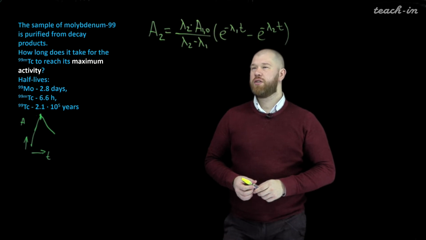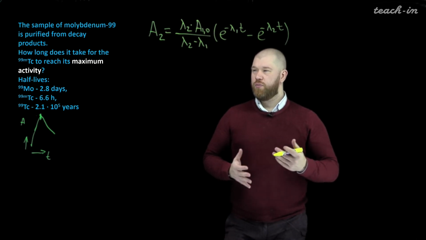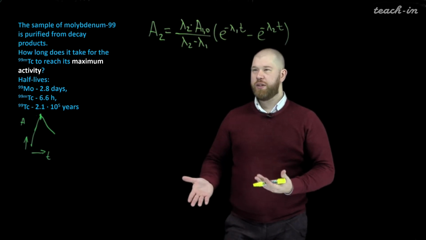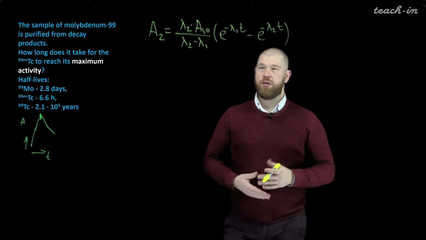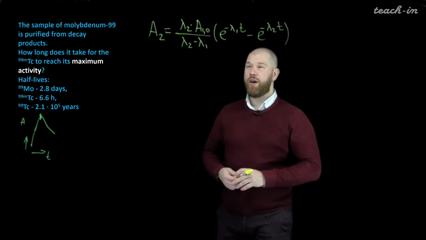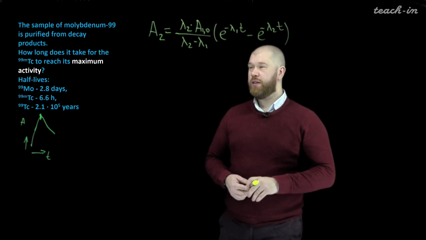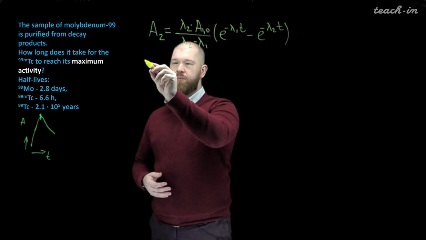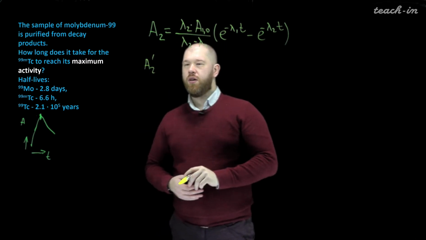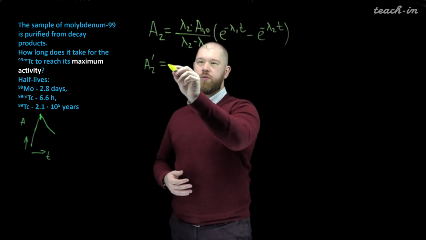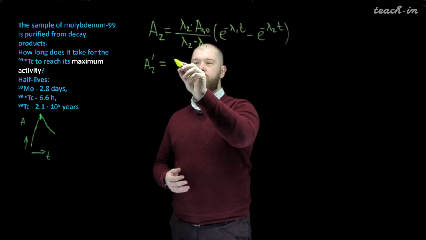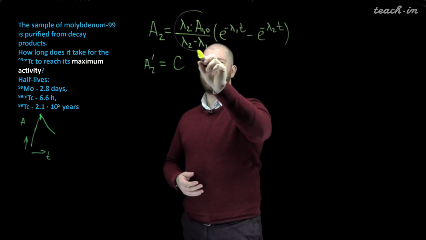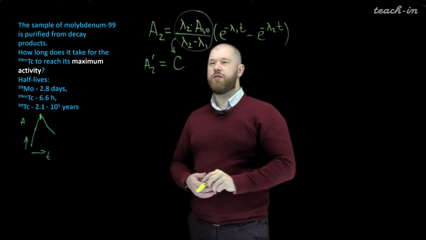That's why we have this term in our expression. And to find the time that is related to the maximum activity, we need to find the derivative of our activity, and in this case it is rather simple. So it is a constant value, so we will just put it as C. All of this is just a constant.